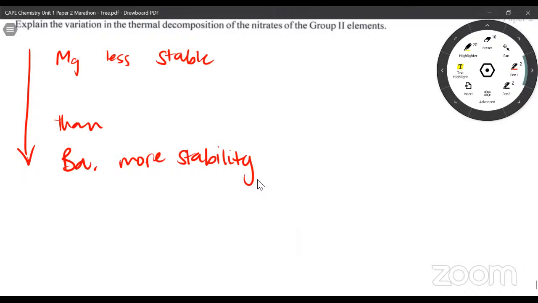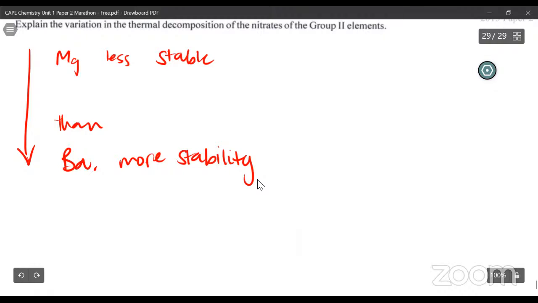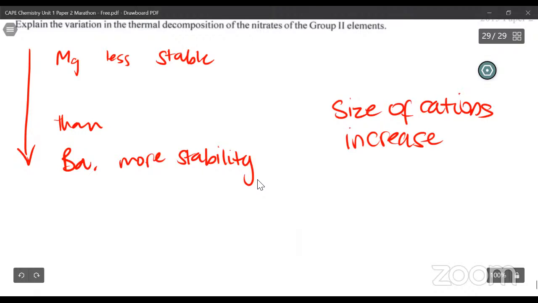And this is due to the sizes of the cations, because as you go down the group, the sizes of the cations increase because atomic radius increases as well. The size of cations increases going down the group, all right? And this makes them difficult to polarize.